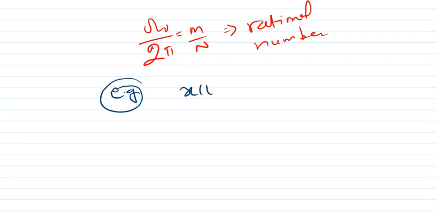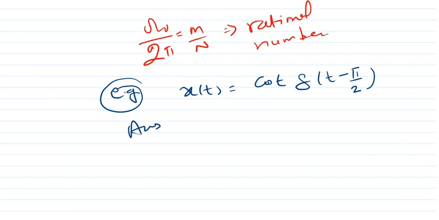x(t) is given as cos t delta(t minus pi by 2). What should be the solution of this problem? We can apply the property.